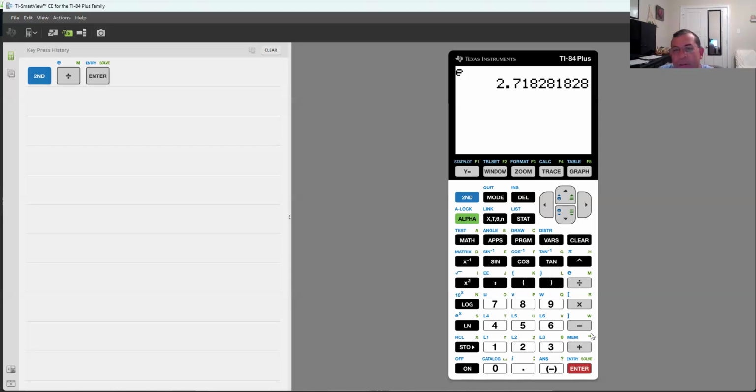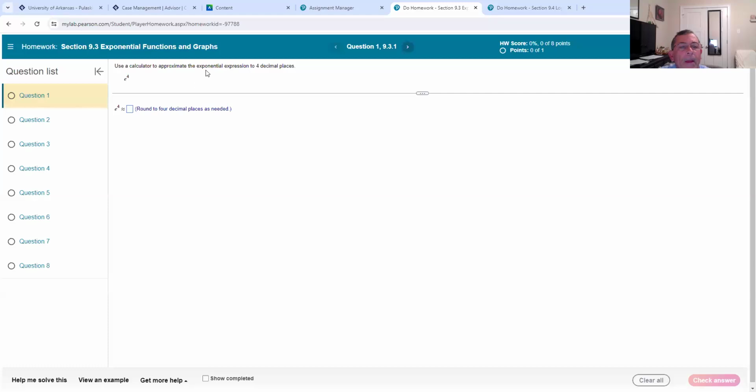All right, so they're going to have us playing with the e a little bit and evaluating it. So y'all, let me show you what we're going to look at. We're going to go on the MyMathLab real quick. So like number 1, they want to use a calculator to approximate the exponential expression to 4 decimal places.